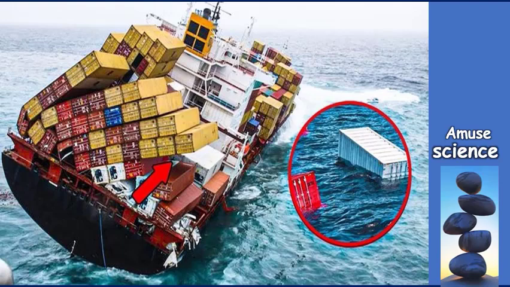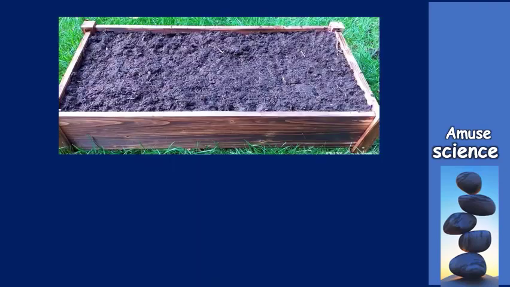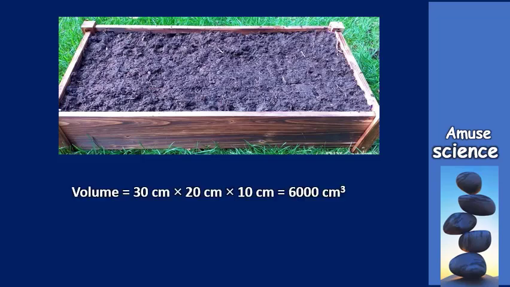We want to further explain the relationship between density and volume. And so let us consider this wooden rectangular box of dimensions 30 centimeters by 20 centimeters by 10 centimeters. And so the volume of this box would be 6,000 cubic centimeters.